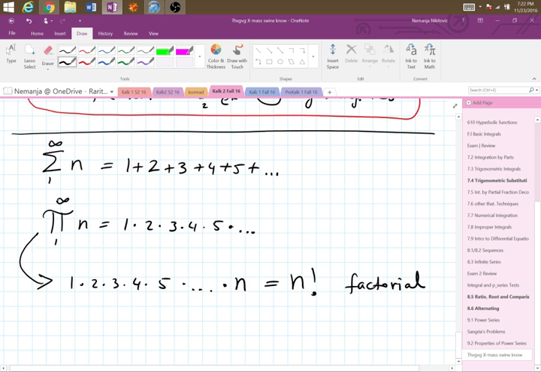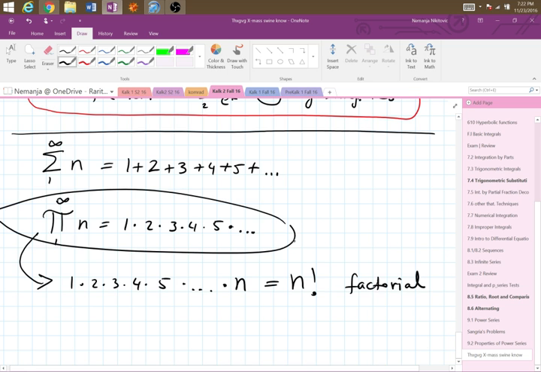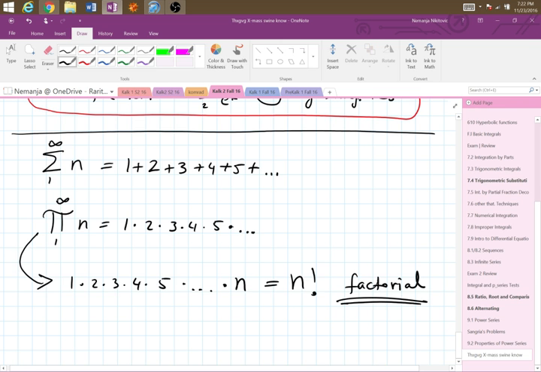Over here, what you have is the infinite one, but the factorial is the finite, so it has to end with a value.